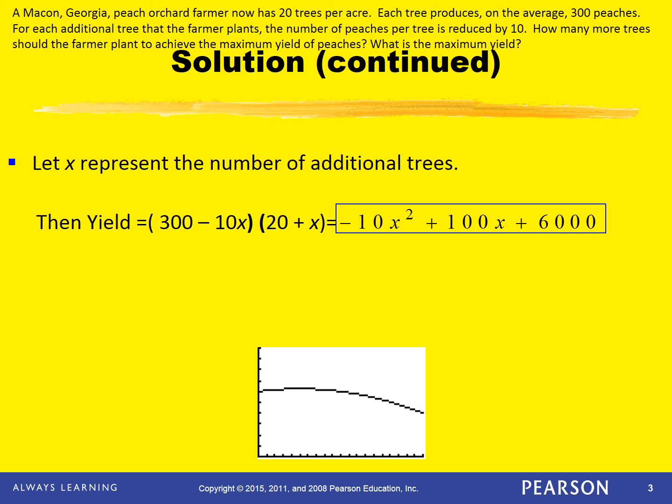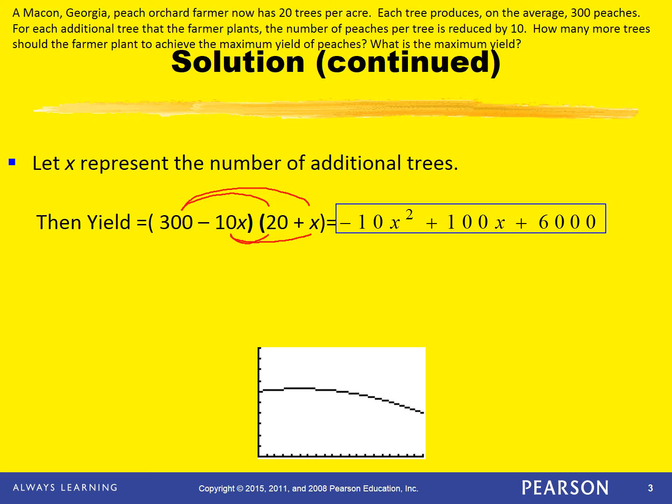Now if you simplify it, you're going to get this trinomial, negative 10x squared plus 100x plus 6,000, right? Because if you FOIL it, there's your 6,000, and you've got 300x minus 200x, that's 100x, and your leading term is negative 10x squared.